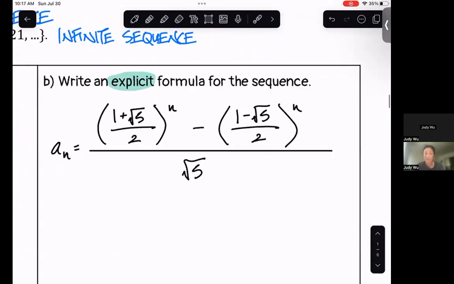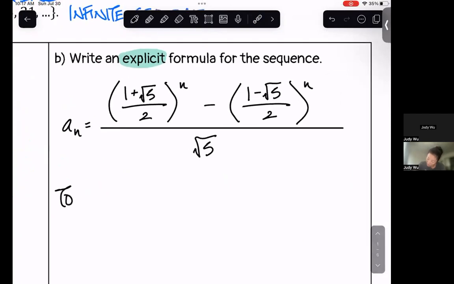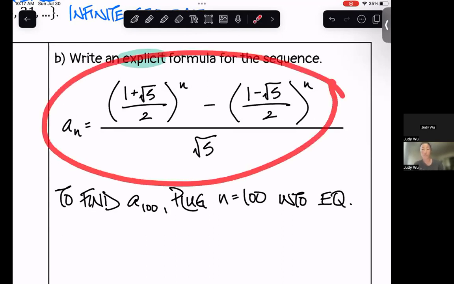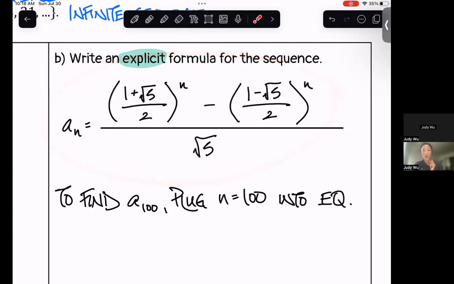What about this explicit formula? To find a sub 100, we just plug n equals 100 into the equation, okay? So even though this equation is grosser, if I wanted to find the 100th term, I just plug in 100 for n, figure out the number, we're done, okay?